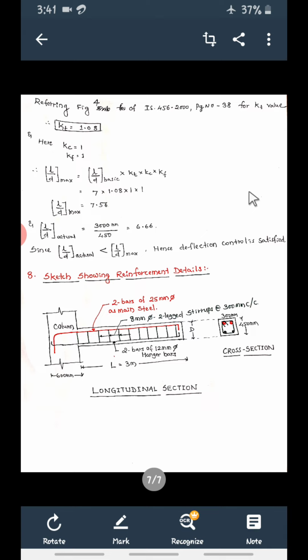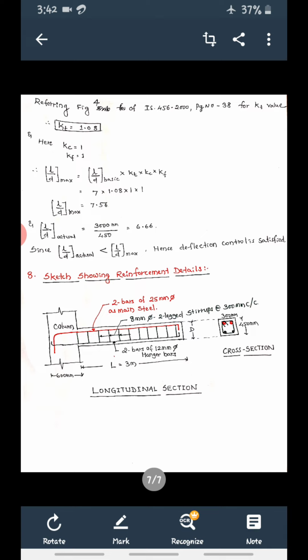So in this semester we are dealing with single elements. Now I hope you are perfect with the beam, whether it may be singly reinforced beam, doubly reinforced beam, T beam, or cantilever beam. So solve once again all these 4 problems.